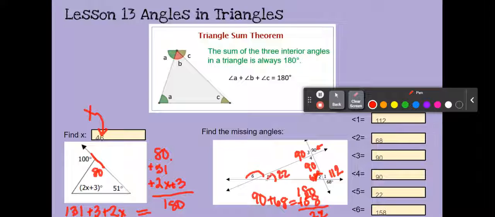So they have to add together to be 180. 180 minus 22, 158. All right, and again, feel free to pause if you need to look these over.